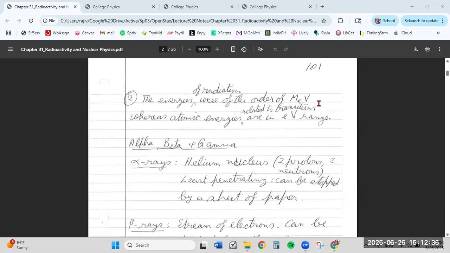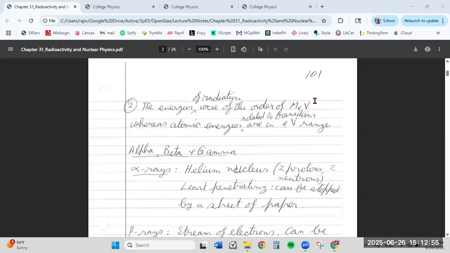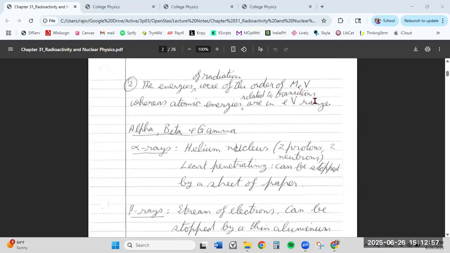So if you're getting energies of the order of mega electron volts, then clearly it's very different from what atomic radiation would be expected to have. So that led to the understanding that this radiation, radioactivity, is not an atomic level phenomenon, but must involve the nucleus of the atom.